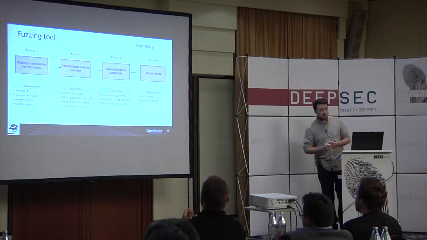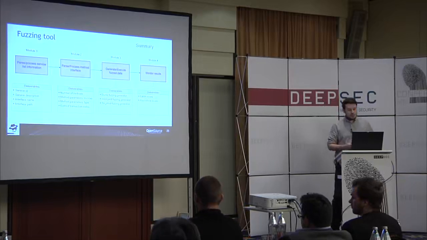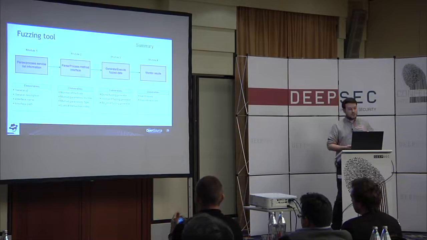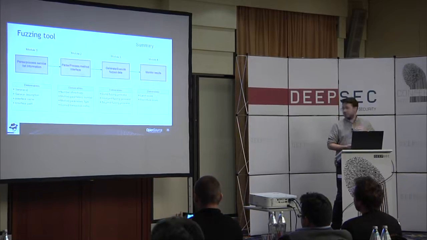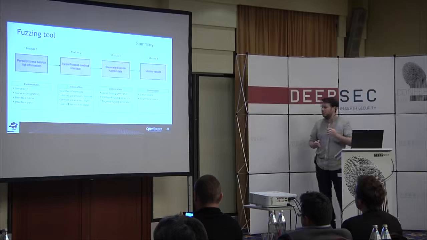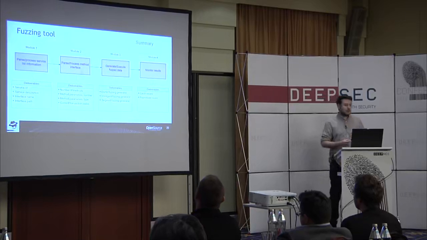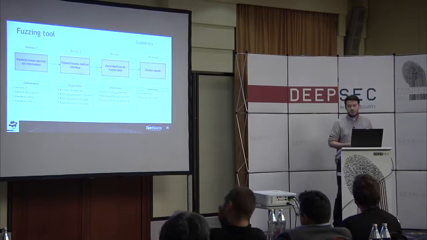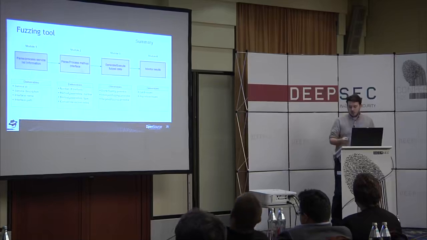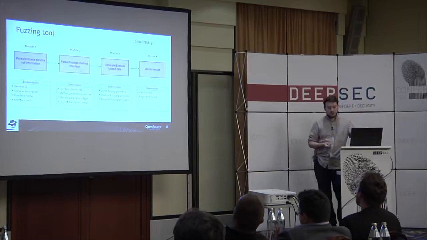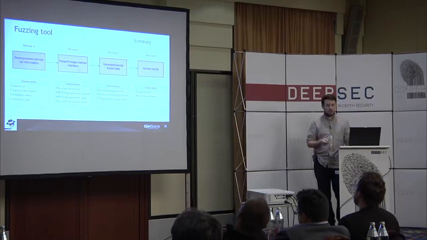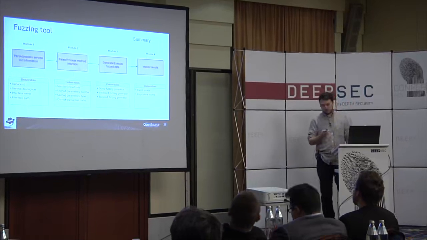Then the second module, for each system service, you get information about the methods that it implements. You need to know the number of methods, the type and number of the parameters, and get it right for the transaction codes. So find out which of the transaction codes actually don't point to a valid method.